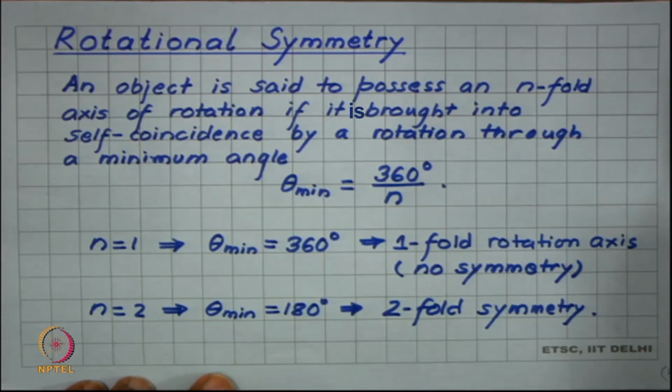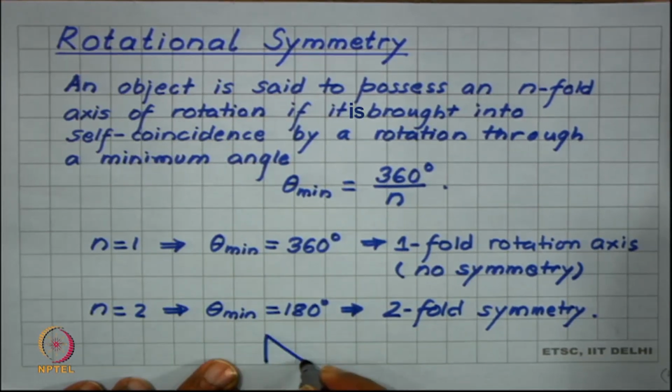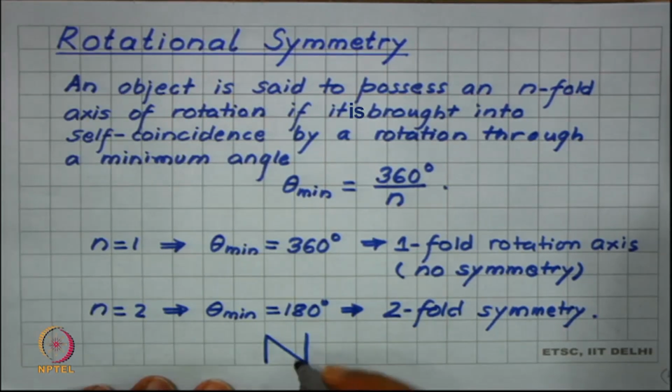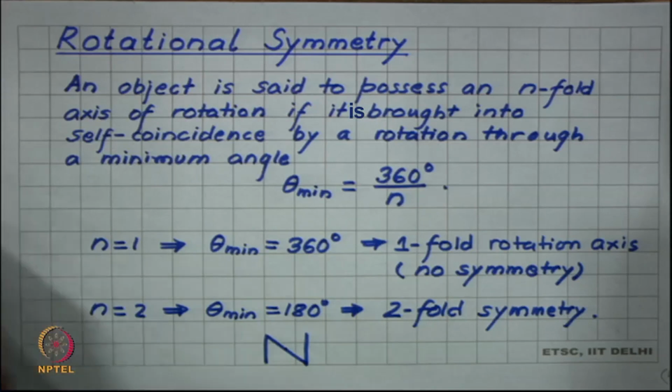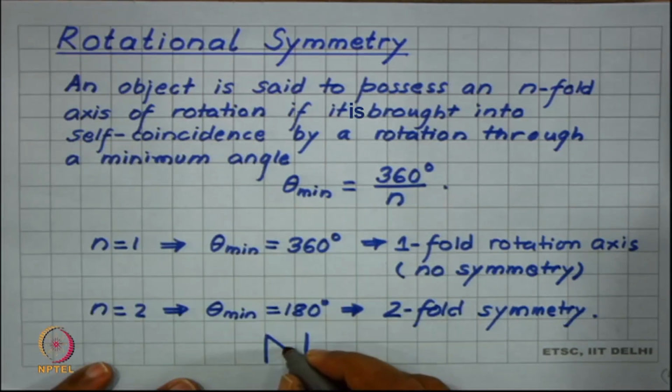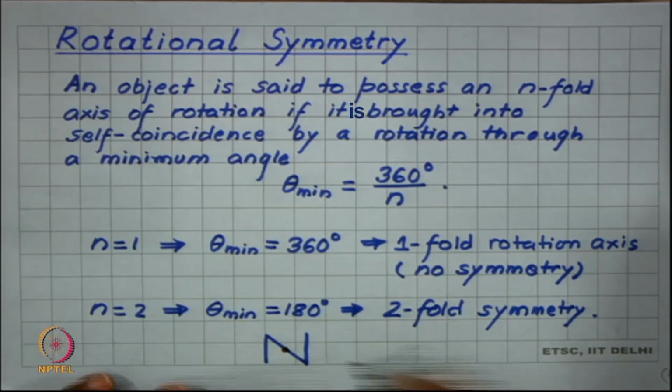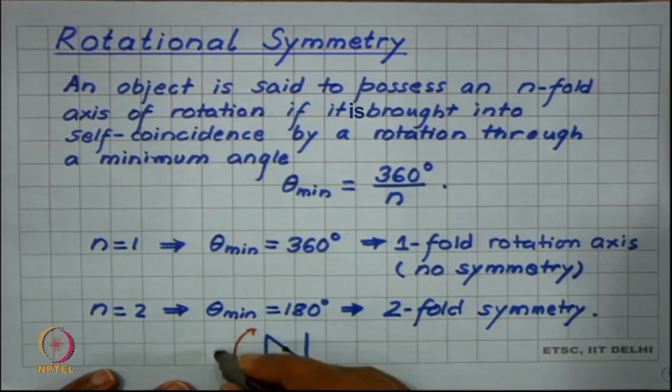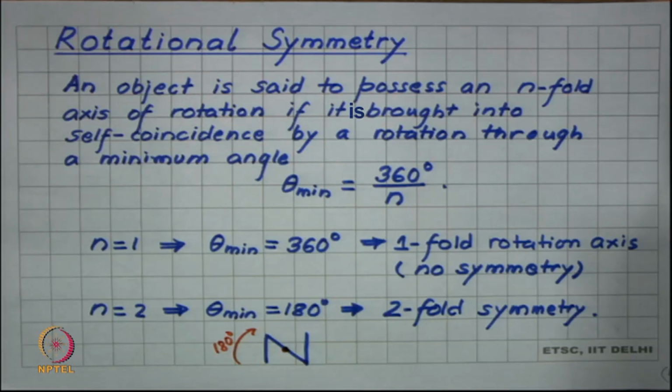Consider, for example, the English letter N. Now, if I rotate about this central point by 180 degree, then N will come into self coincidence.